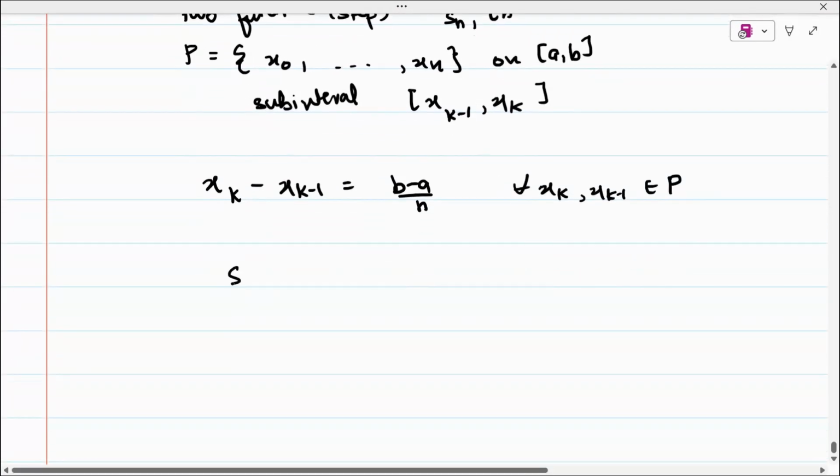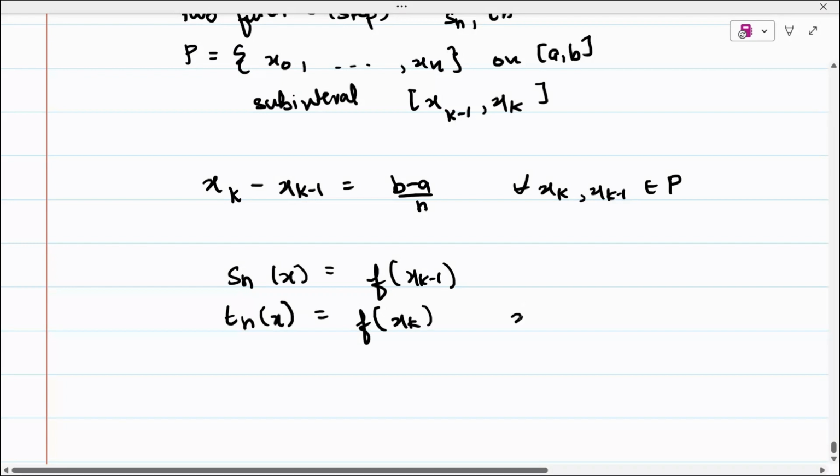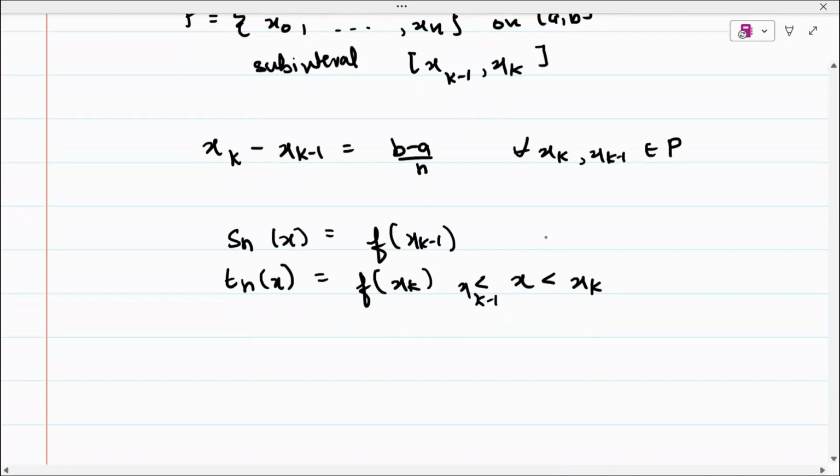So now we define this fn of x as f of xk minus 1, a step function, and tn of x as f of xk for x between xk minus 1 and xk, the open interval.